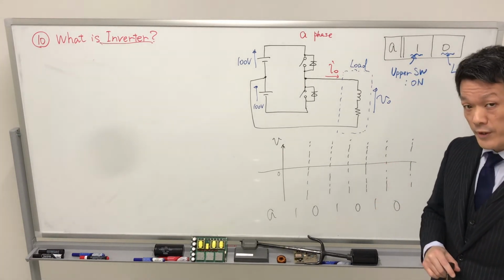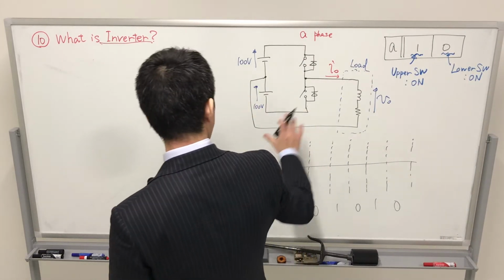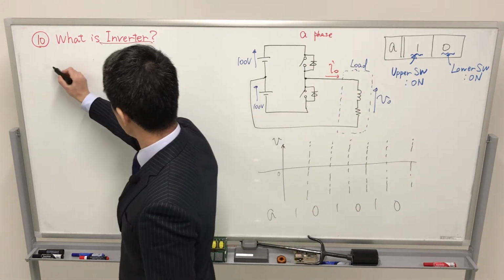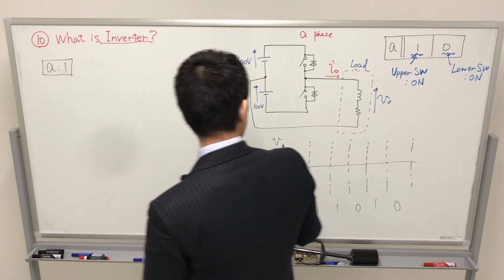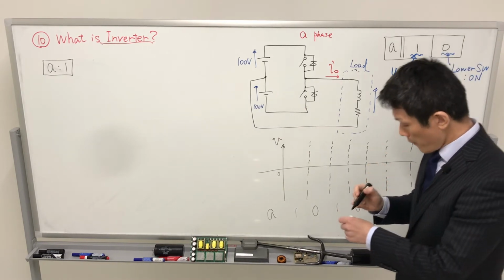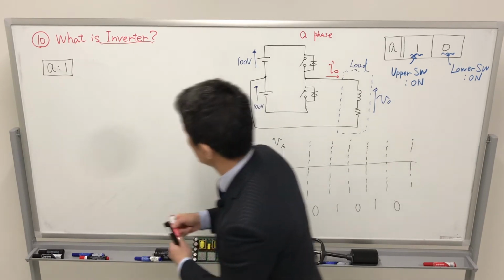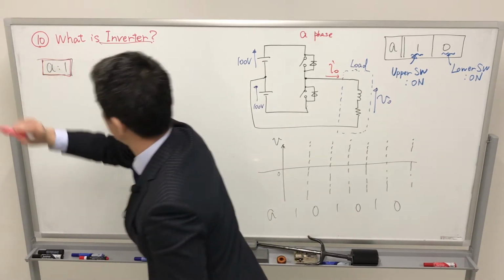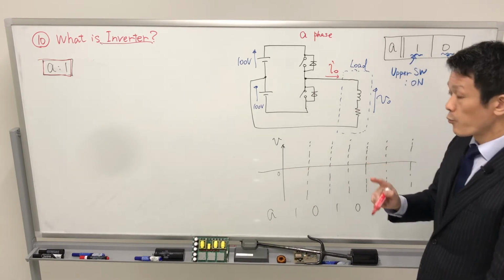This inverter uses the transient phenomena. In the case of A equals 1, please write the equivalent circuit. Because in the case of A equals 0, the red line, please write the current loop.